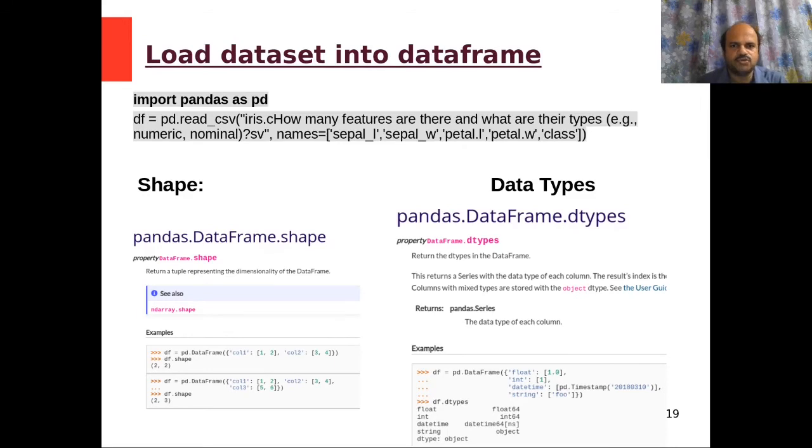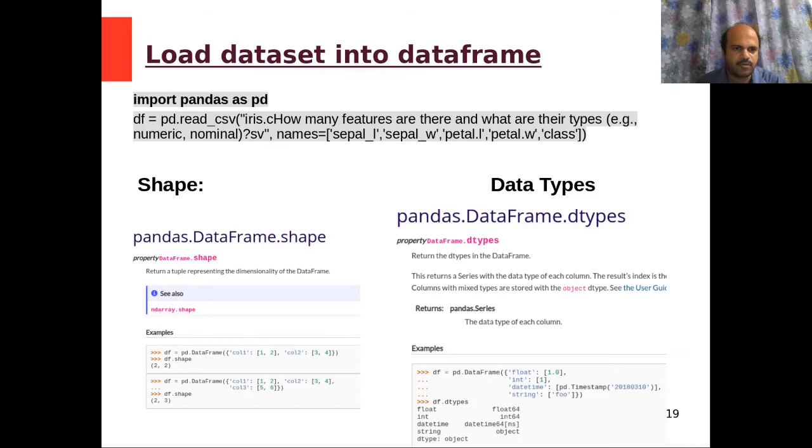Now next is to load the dataset into the data frame. For that we have the function read_csv in Pandas. With this function you can load the dataset into a Pandas data frame. Initially our dataset doesn't have any names, then you may add the column names over there with the parameter names.